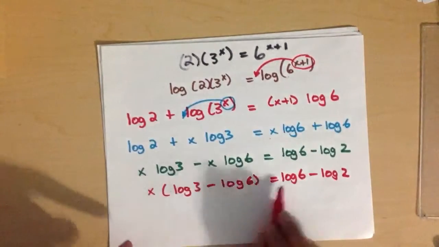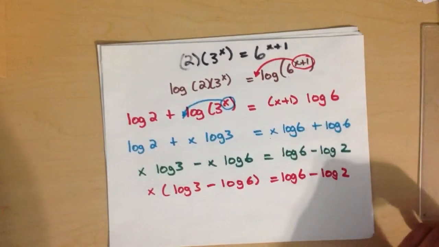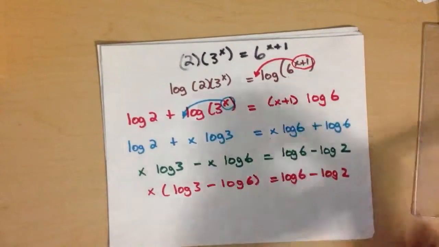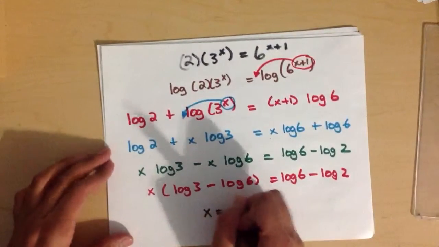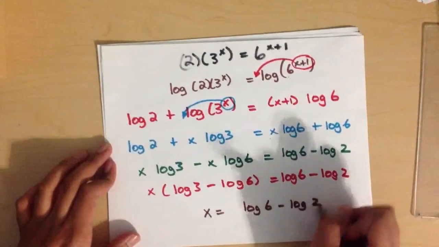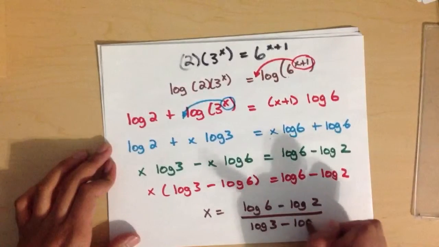And then our last step is just dividing both sides out so that now we just have to solve for x, and this is the fun part here in a way, right? So x is going to be equal to log of 6 minus the log of 2 divided by log of 3 minus log of 6.